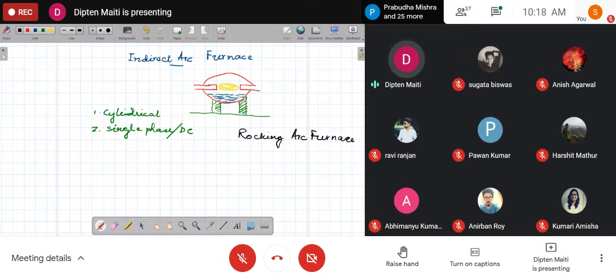So here also the electrode position needs to be controlled, and electrodes need to be moved. Because the two electrodes are from two sides, both electrodes need not be moved. One electrode can be moved while the other is kept fixed, although in some cases both of them can be moved also. So, that's all about the indirect arc furnace.